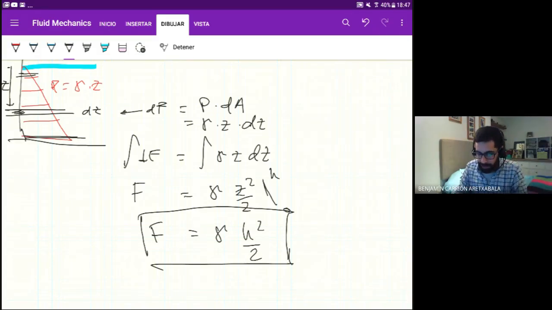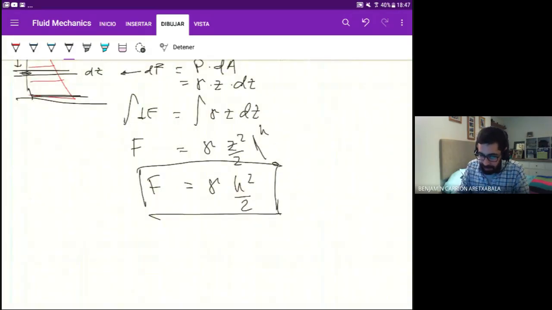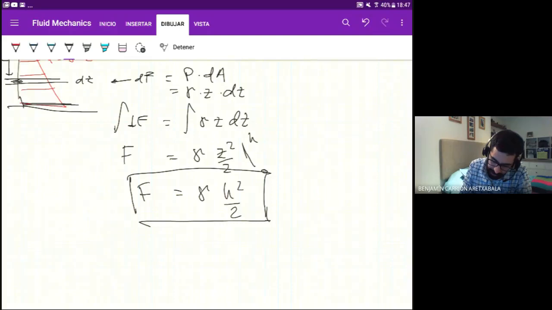And actually, I'm going to show you later, but you can express this as the pressure at the center of gravity of the wall times the area of the wall.